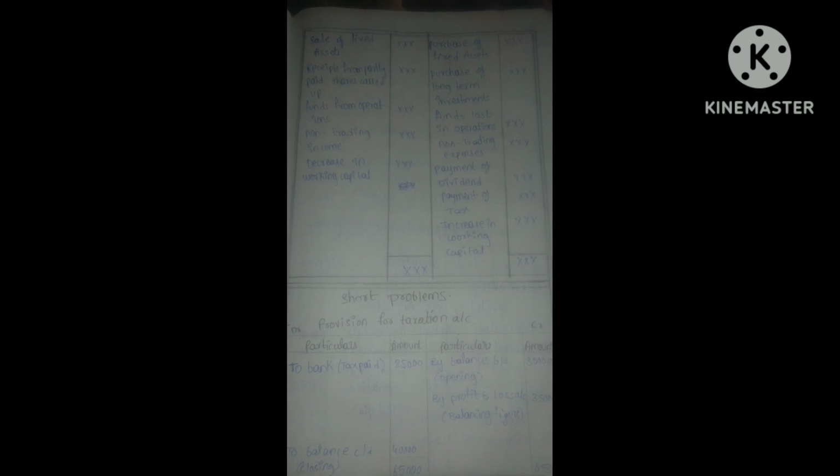On the application side we have redemption of redeemable preference shares, redemption of debentures, repayment of long-term loans, purchase of fixed assets, purchase of long-term investments, funds lost in operations, non-trading expenses, payment of dividend, payment of tax, and increase in working capital. At the end of the statement of sources and applications, the balances of both sides should be equal, so that only the problem will be correct.